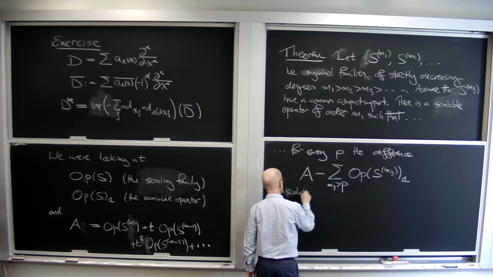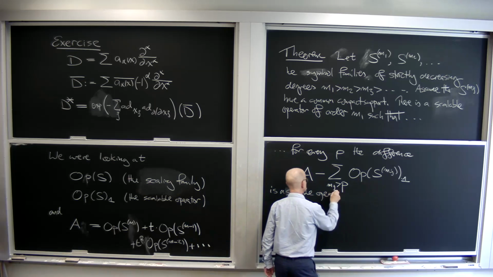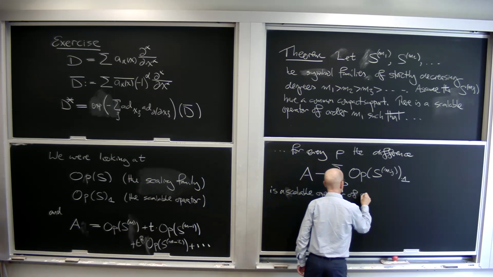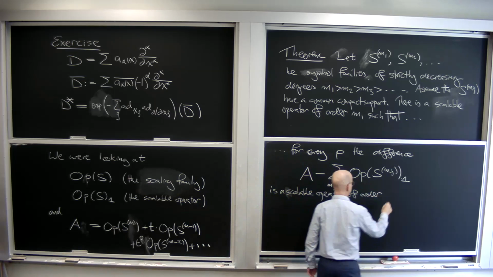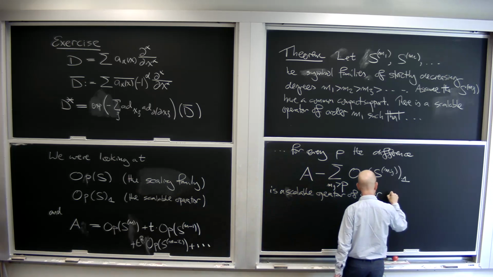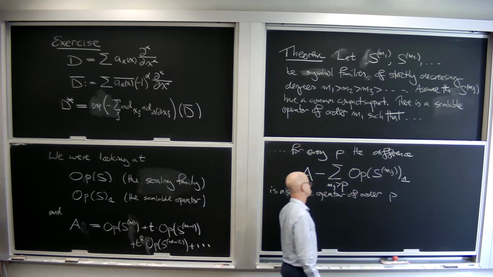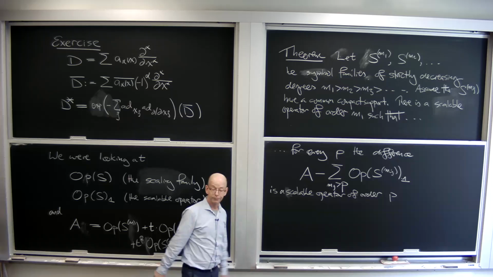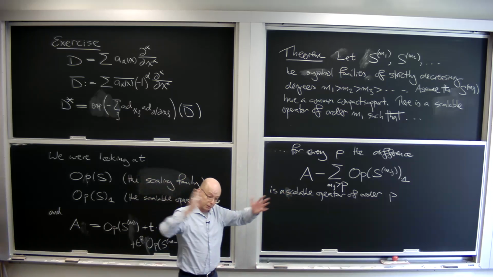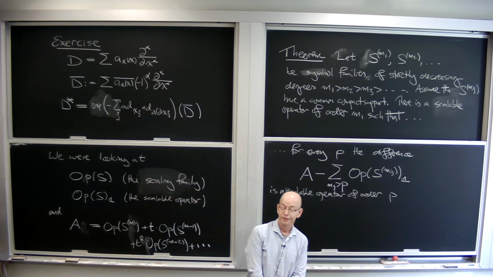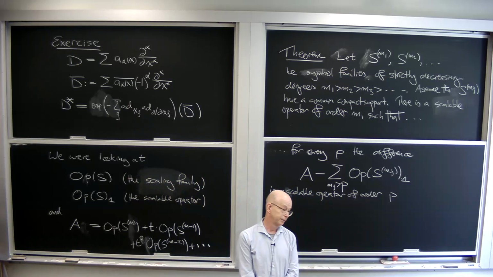Scalable operator. And the order of it is P, or less. Order on scalable operators is a filtration. Anything that's order P has order P plus 1 and order P plus 2.